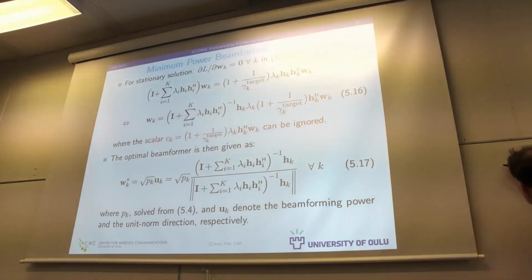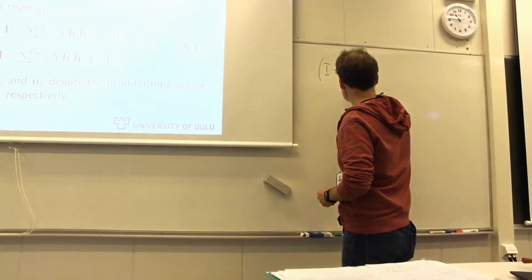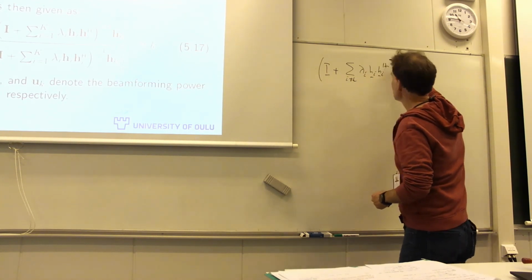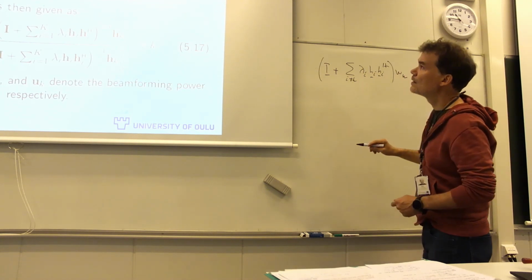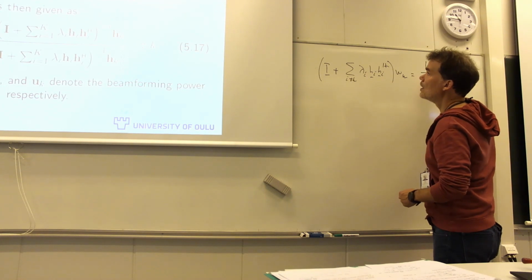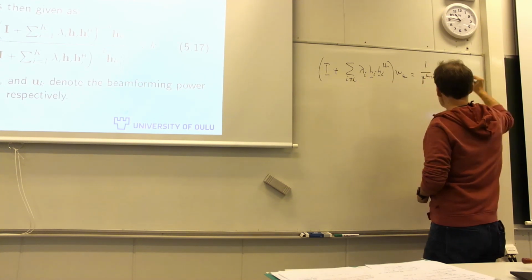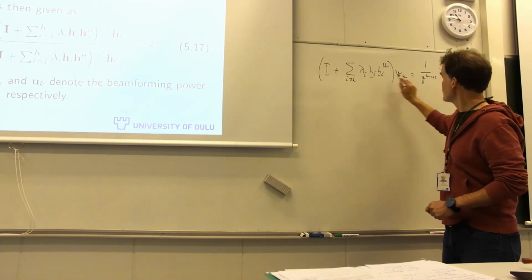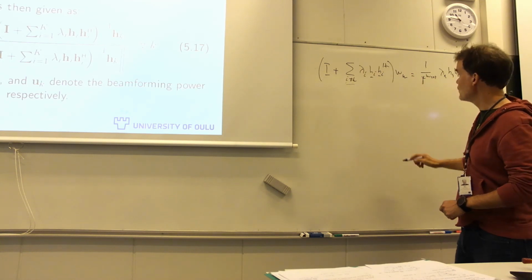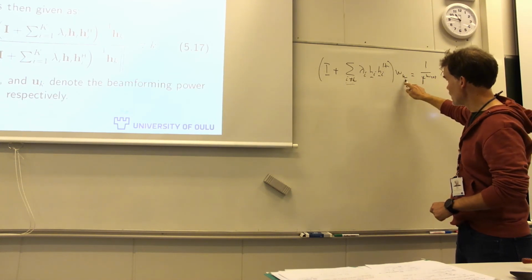The uppermost equation can also be equivalently written as I plus the sum over i not equal to k of lambda_i h_i Hermitian w_k equals 1 over gamma target times lambda_k h_k Hermitian w_k. Just removing the term lambda_k h_k Hermitian w_k from both sides, right?